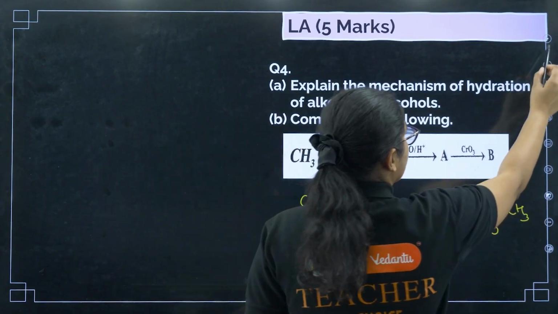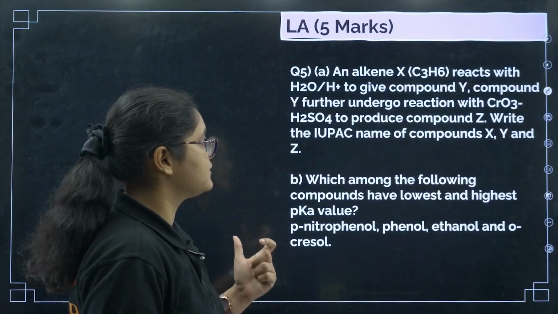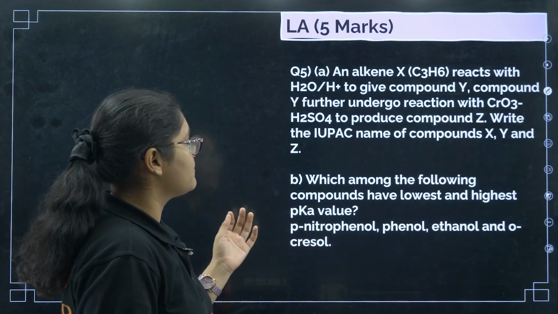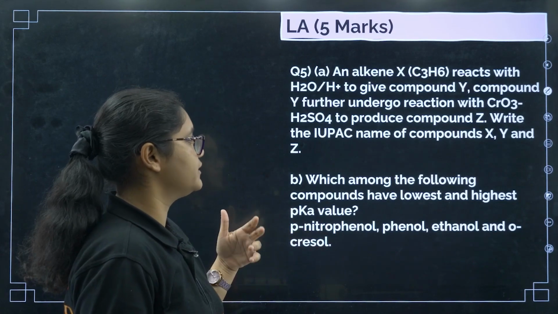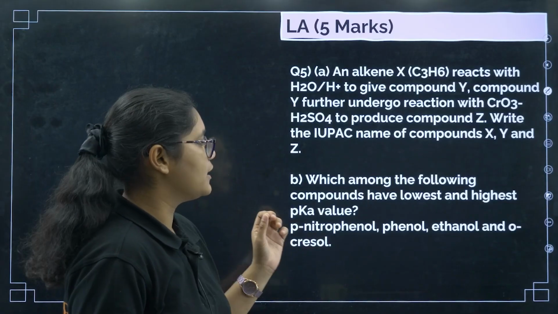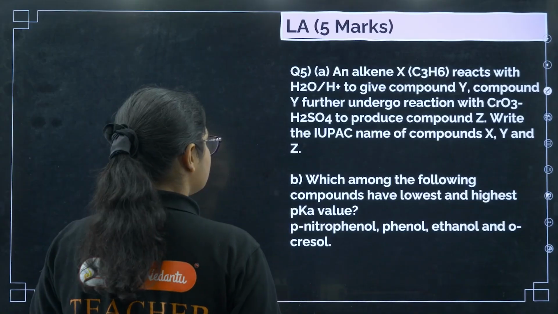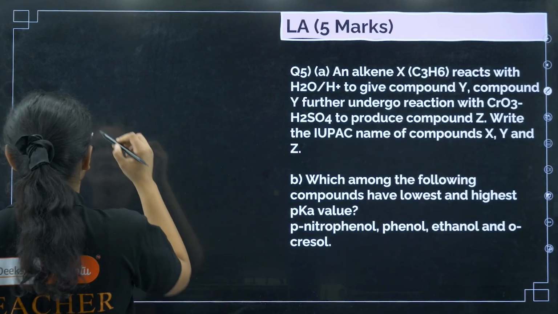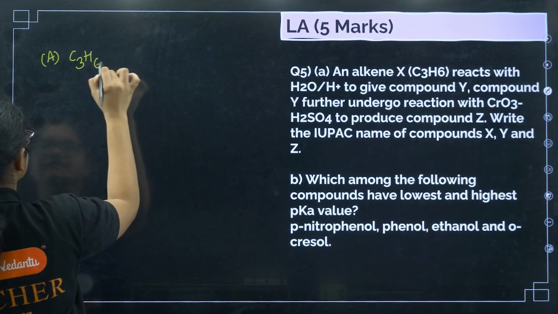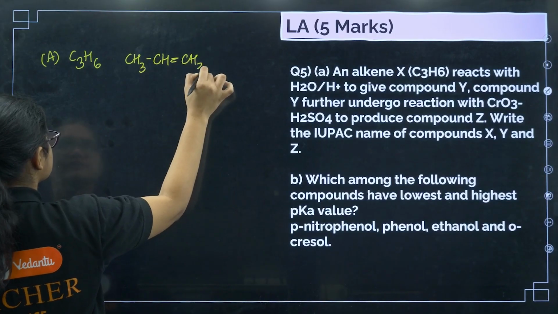Okay, next we will see question number 5. An alkene X, that is C3H6, reacts with H2O and H+ to give compound Y. Now compound Y further undergoes reaction with CrO3 and H2SO4 to produce compound Z. Write the IUPAC names of the compounds X, Y and Z. Okay, so if you see here, first of all if I take C3H6, that is CH3CH double bond CH2.